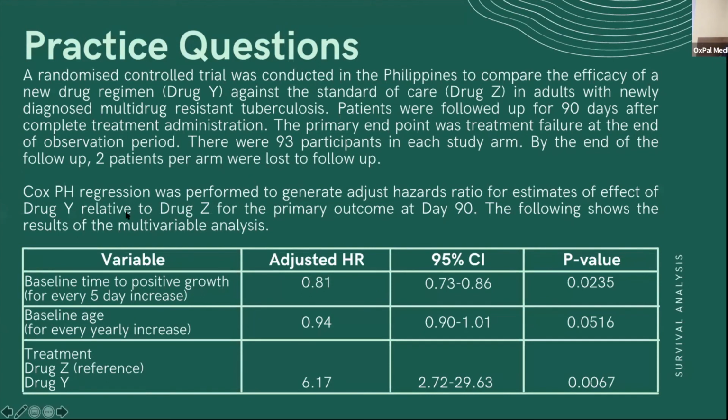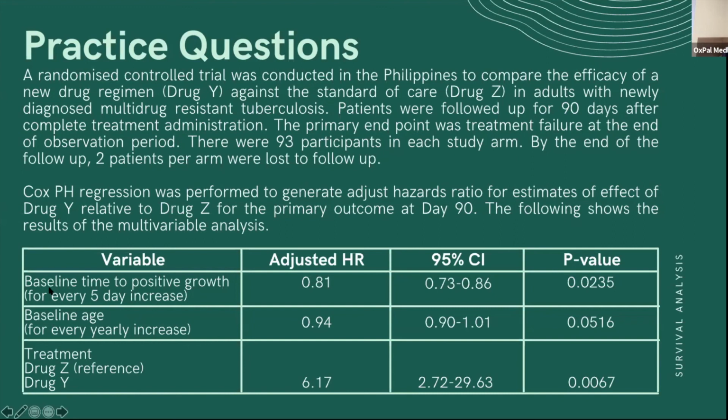But Cox regression was done to generate adjusted hazard ratios. So far in the examples that I have given, the Cox regression results were using a single variable. This one is an example of a multi-variable analysis. In this case, there are 3 variables.